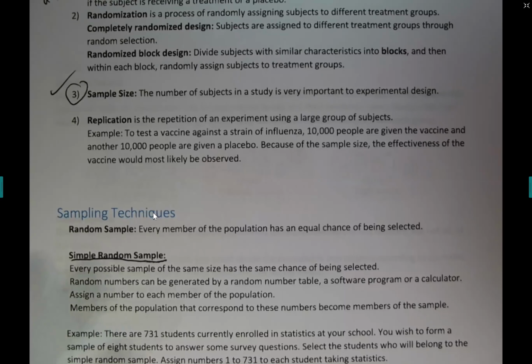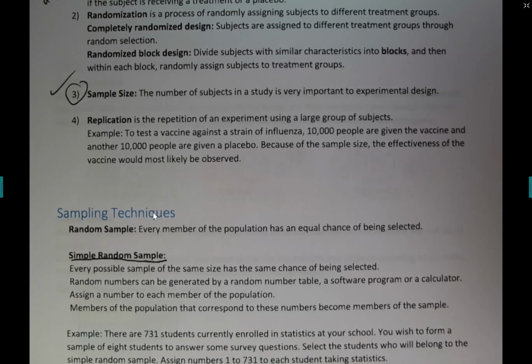Any 5 students could be together in the sample. We don't know who's going to be together because I'm collecting the numbers at random. But it means that it will be a simple random sample. If you put the names in the basket, guys, and you just collect 5 names, it will turn out to be a simple random sample, because any 5 students will have the same chance of being together in the sample.